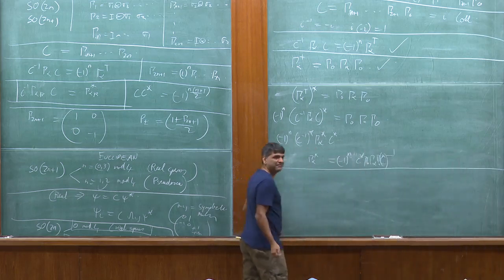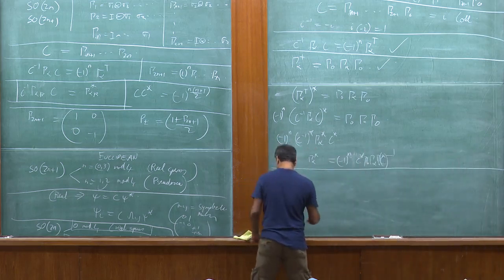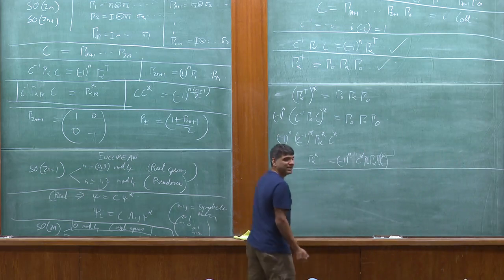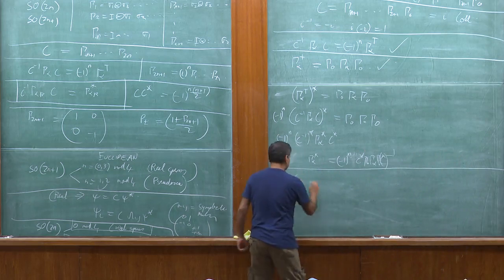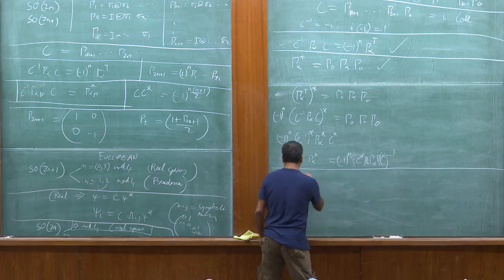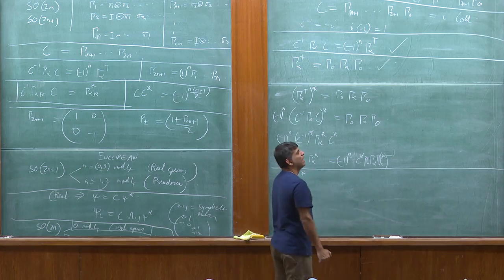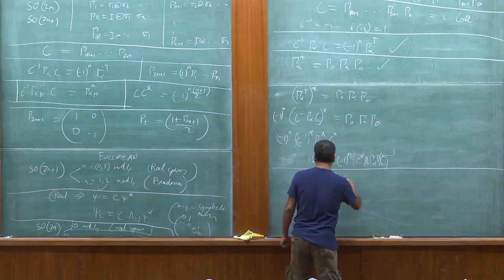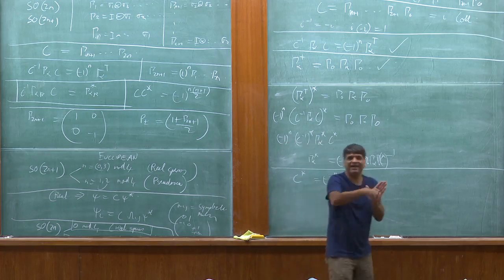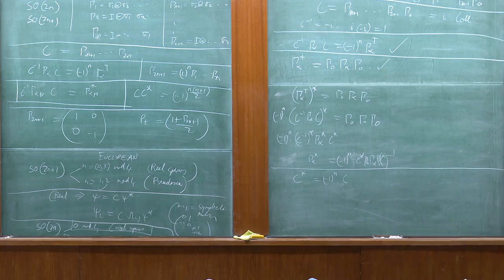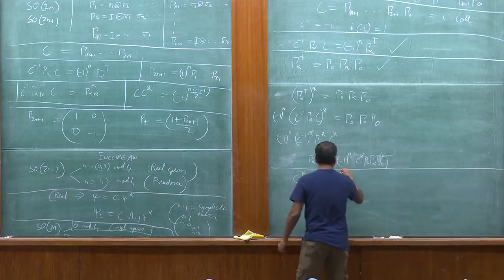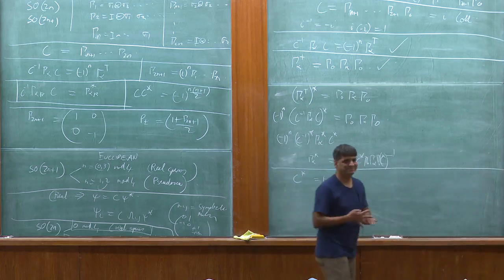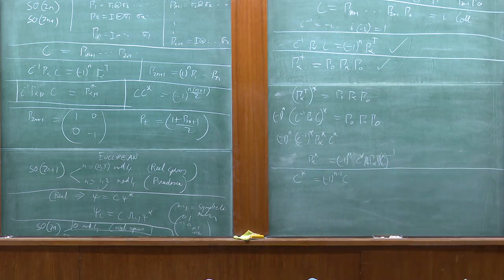So what was C? Well, actually we worked it out last time. Can somebody remember what was C times C star? C star was just minus 1 to the power n times C, because it was just a product of n different imaginary matrices. So now it's just minus 1 to the power n minus 1 times C, because now gamma 0 is no longer an imaginary matrix.